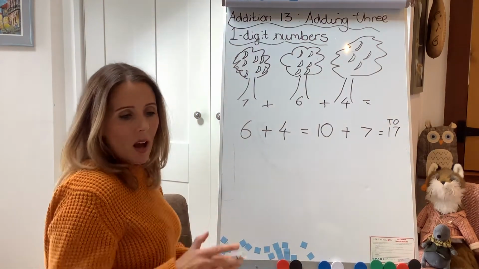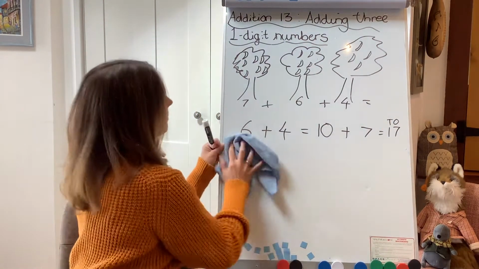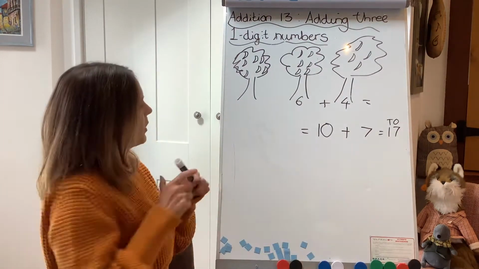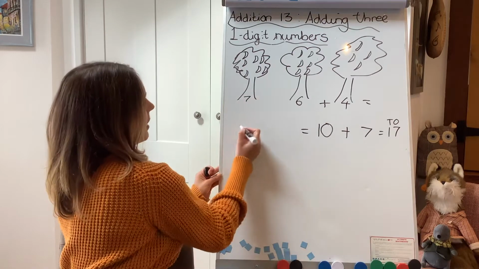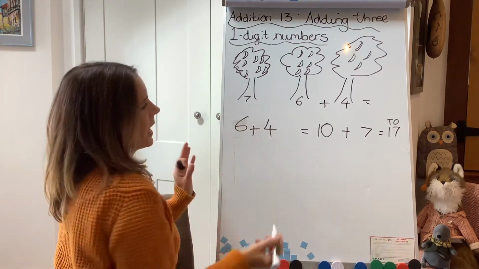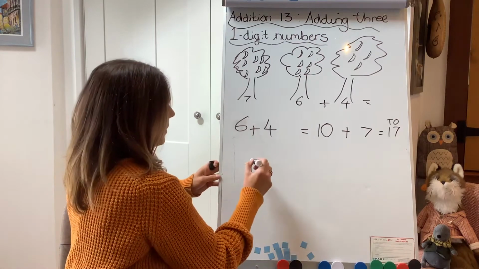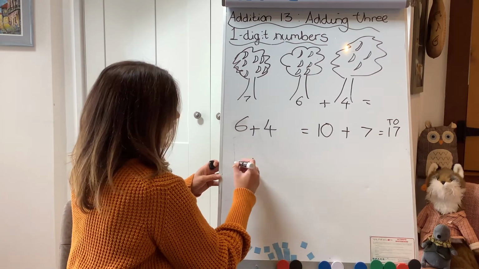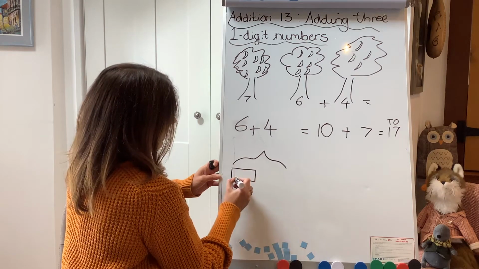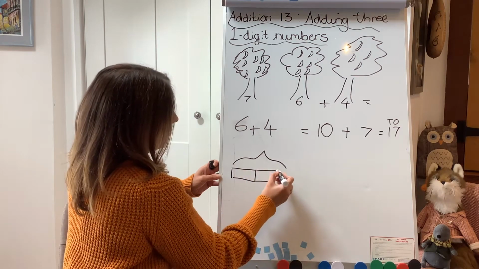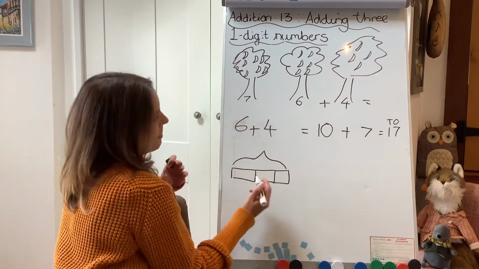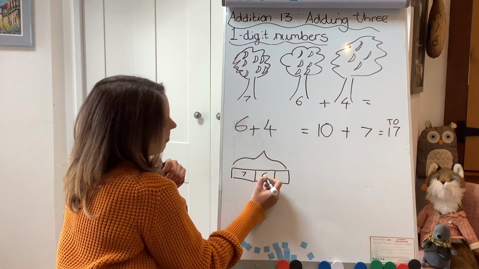Okay, your turn now. Actually, I'm going to show you first and you can have a go. So 7, 6 and 4. We could put this into a bar model. So if we have 7 and 6, remember on the bar model we want the bars to be proportionate to the numbers they represent.